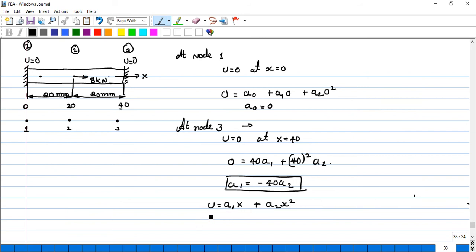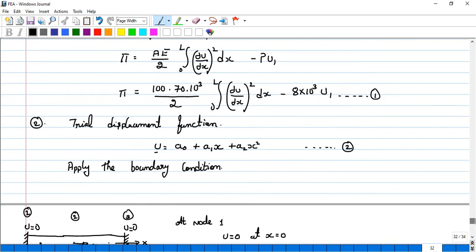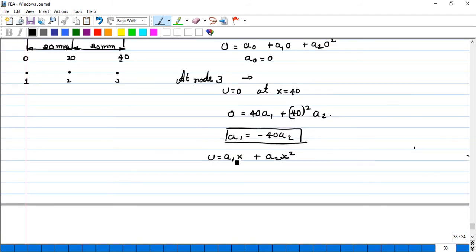Next, I will be differentiating. Check here, the potential energy functional, we need to identify del u by del x. You can see that we are able to identify the equation, u is equal to a1x plus a2x square, at node 3. We already know that a0 is 0.